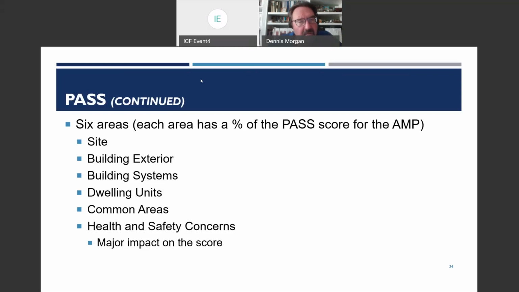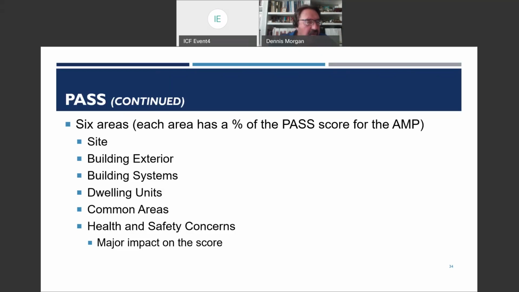So in the PHAS system, in the physical assessment subsystem, you have 6 areas. 5 of those areas then have additional percentage points associated with them as well. And then you have what I call that double dinger area, and that is health and safety.